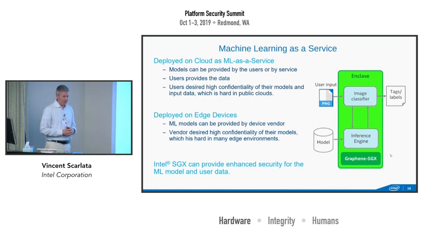So there are two interesting scenarios from our perspective for machine learning. Sort of the first one is as a service in a cloud environment. Either the cloud provider has their own models that they've spent significant amounts of money training and is ready to offer facial recognition, object recognition, speech recognition as a service where the customer just provides the data.